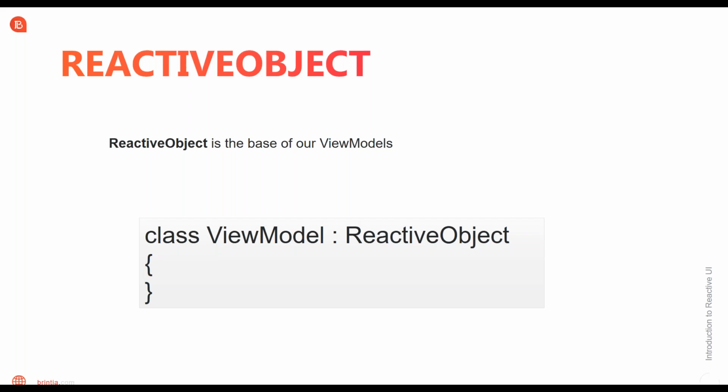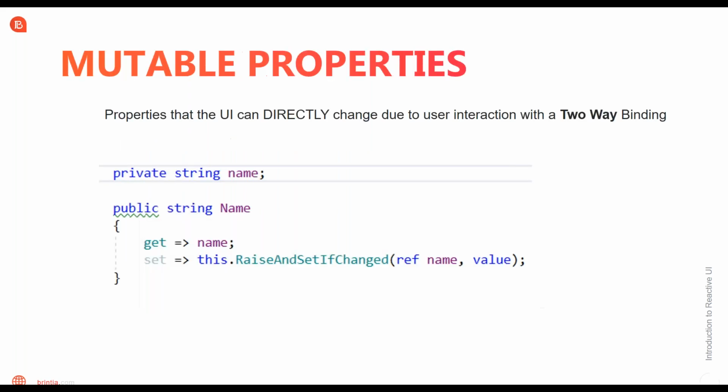Now that we have defined how the view model should be started, this base view model that inherits from the reactive object, let's get started with the usual properties. How are properties defined in reactive UI?